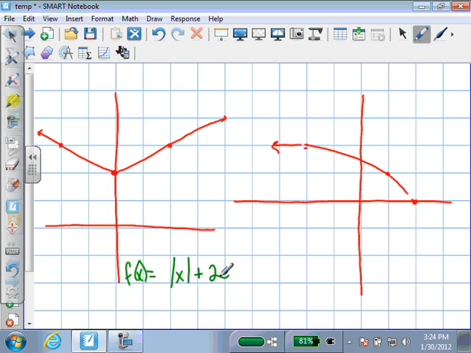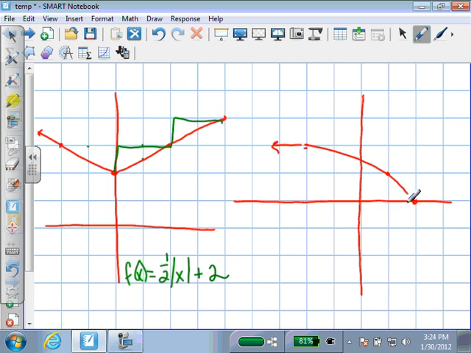And with absolute value, it's easy to tell, because instead of going over 1, up 1, to 1, 1, it went to 1, 1/2, so it actually went up 1/2. You can also do it with absolute value, unlike some of the others. With absolute value, you can do it like slope. It went up 1 and over 2, up 1 and over 2.